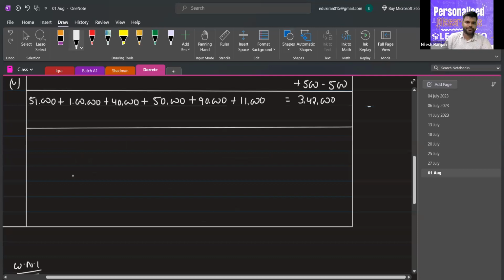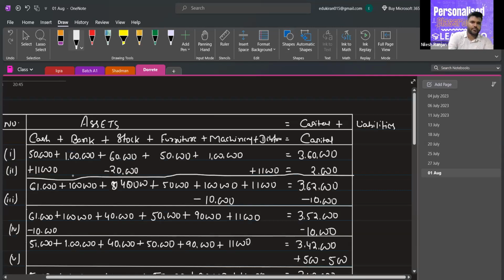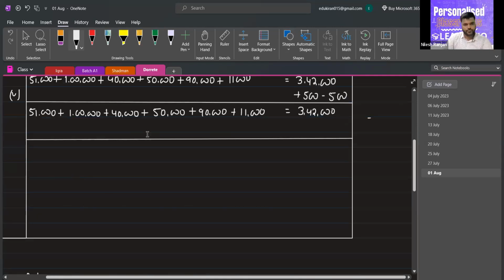Next. Goods sold to Gupta for 10,000 and received a bill receivable for the same amount for 3 months. So we have sold goods of 10,000.